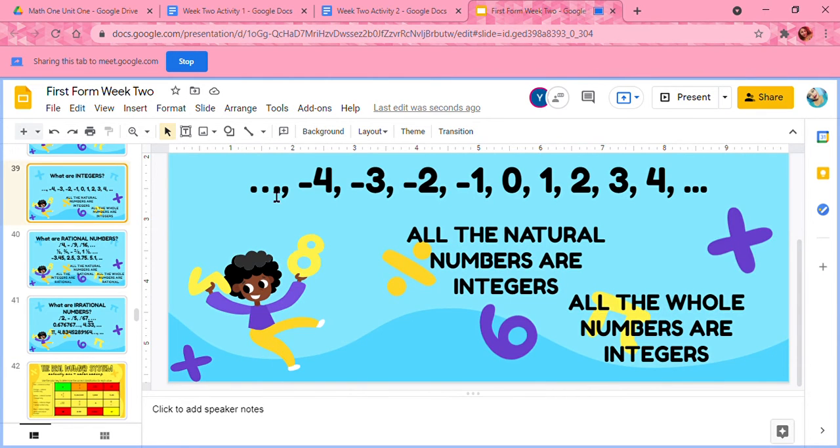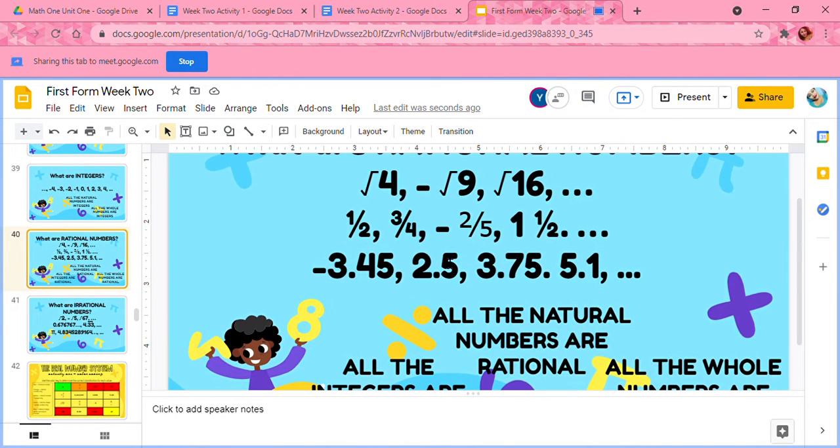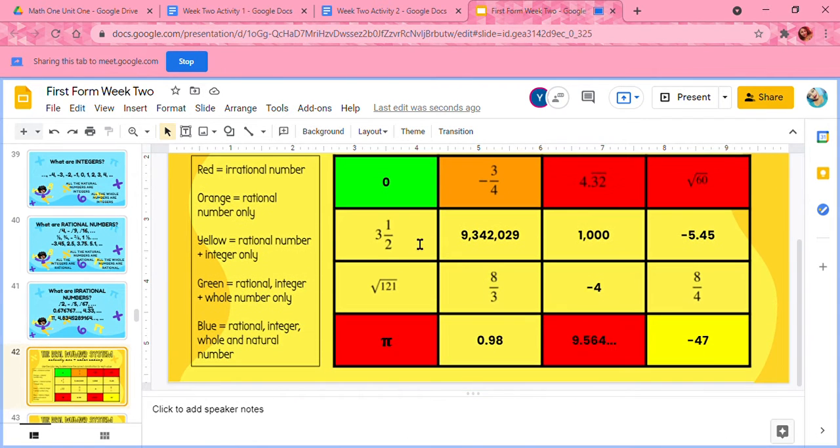See, integers are only these ones, only whole numbers, right? Rational numbers are these ones. So if we come here, what is 3.5? Is it a whole number? Miss, it's a rational, integer and whole number.